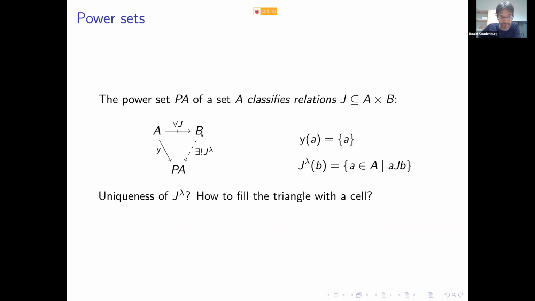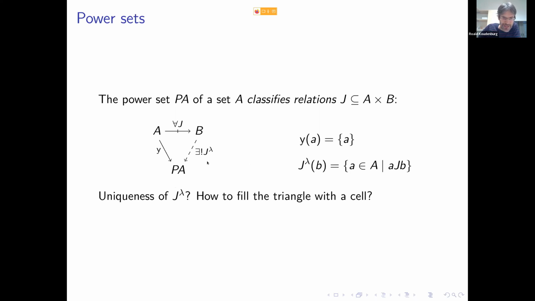And it does that: every such relation J induces a unique map from B into the power set of A, that I call J lambda. And at an element b of B, J lambda of b is simply the pre-image of that element b under J, right? So all elements in A that are related in J to b. So by a J b, I simply mean the pair (a, b) is contained in that relation J.